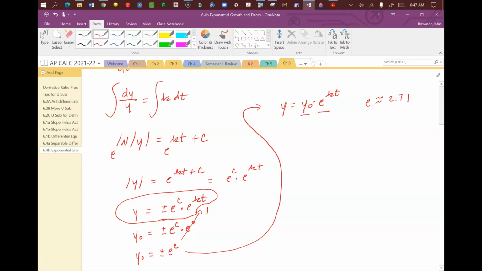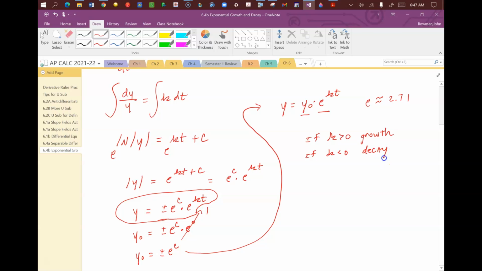So what do we have? If k is greater than 0, we have growth, and if k is less than 0, we have decay.